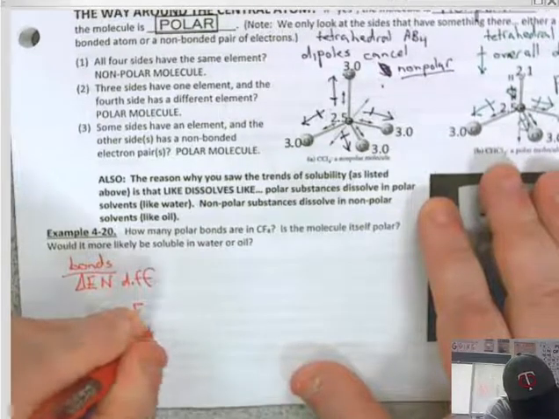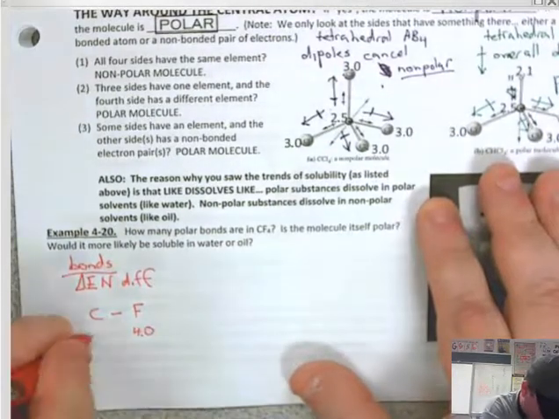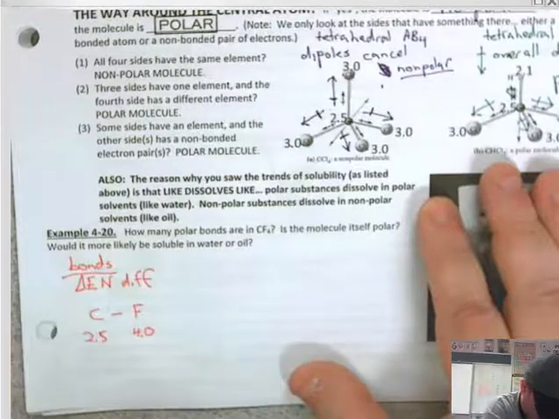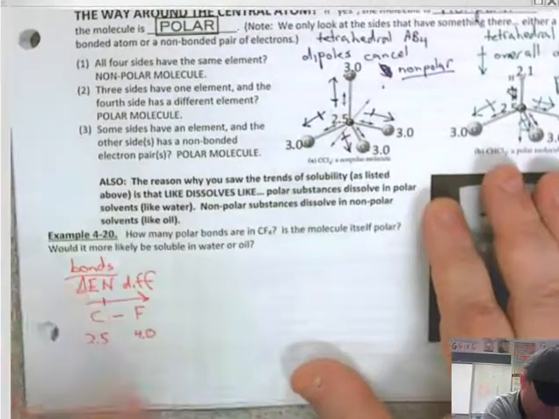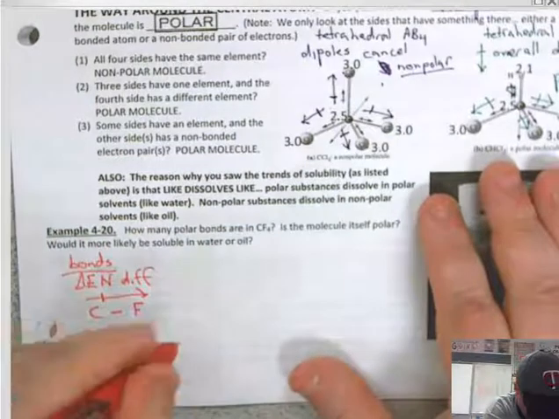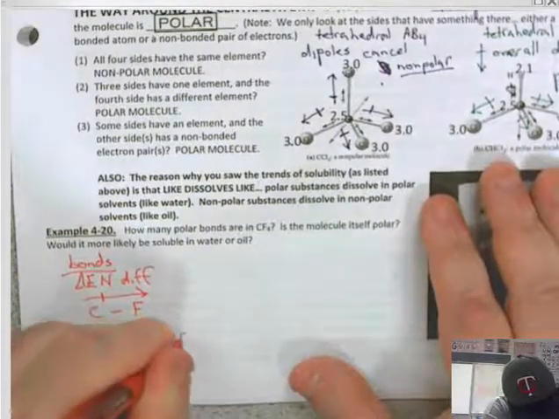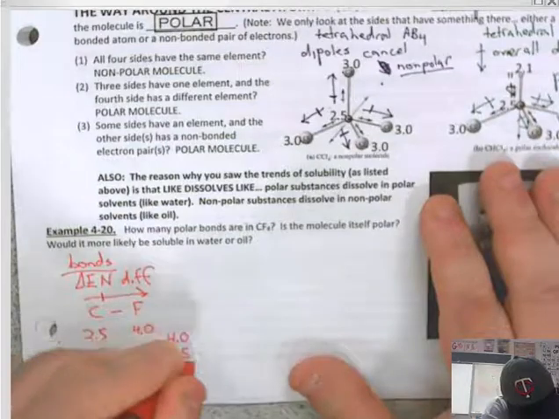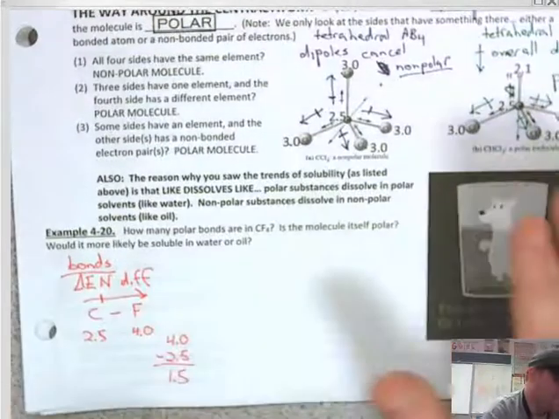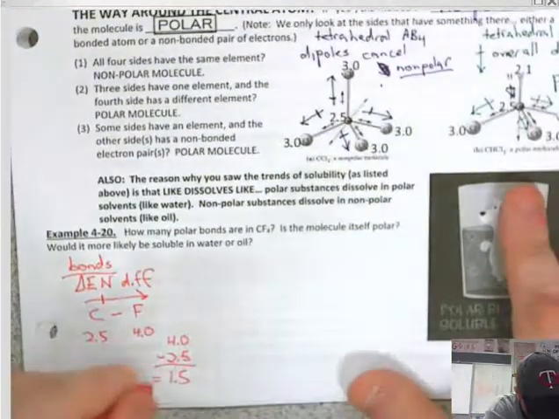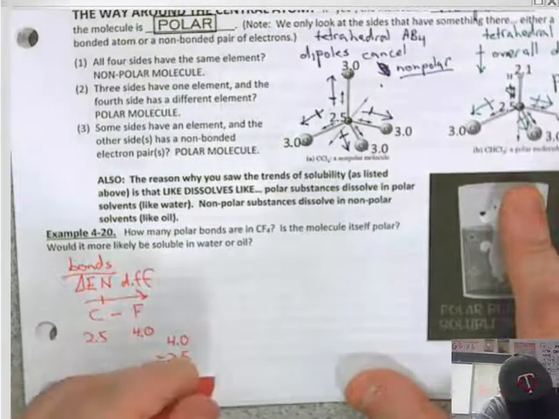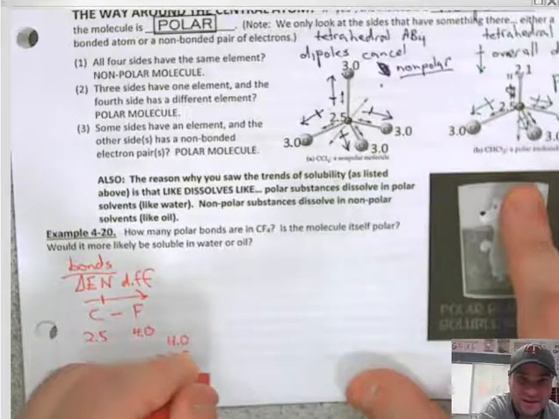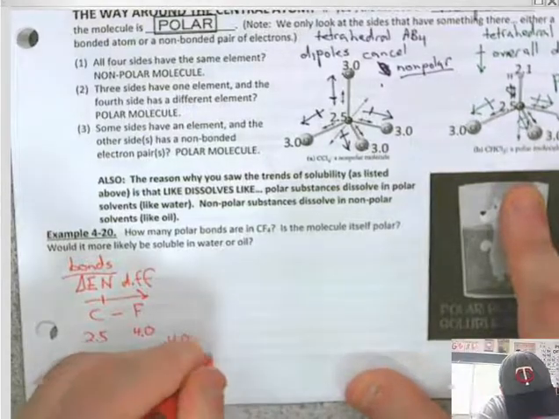This is 4.0 for fluorine. Remember, these are in the reference packet. If you need them on the test, they will be listed in the problem. There's an overall dipole that way towards the fluorine. When you subtract 4.0 minus 2.5, you get 1.5, which is between 0.3 and 1.7. That must mean this is a polar covalent bond.